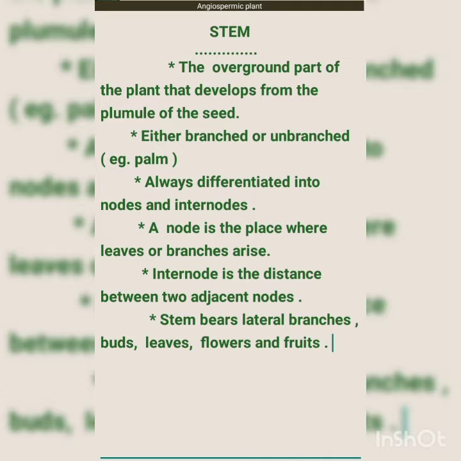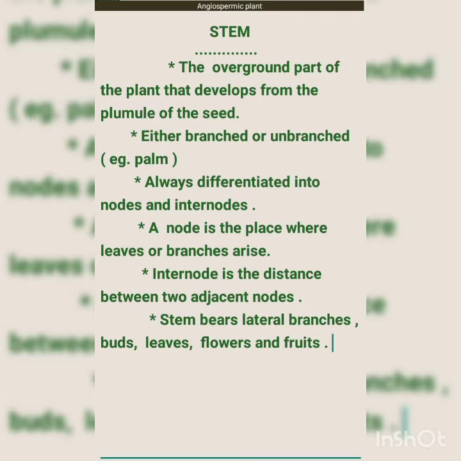The stem may be either branched or unbranched. As we see in palm and coconut tree, the stems are unbranched. But in mango, guava, jackfruit trees, the stems are branched.